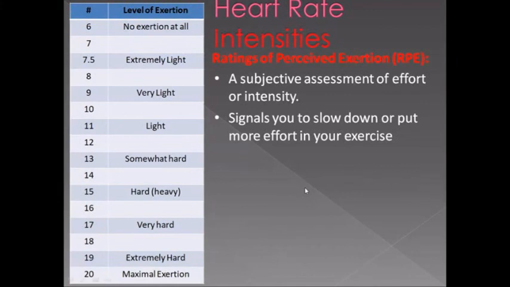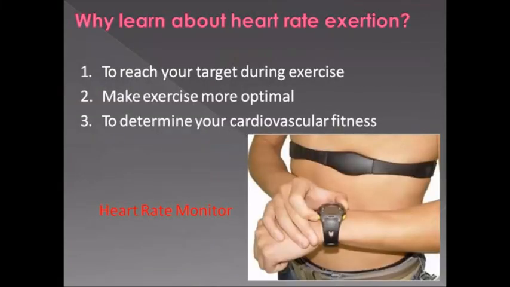Oftentimes, this type of heart rate intensity is more reliable and easy to perform because it only requires you to be honest about how you truly feel when you are exerting effort in exercise. Let's say, for example, I am having a hard time in doing the activity, then my rate is 17. So simple as that. You just need to be honest to yourself.